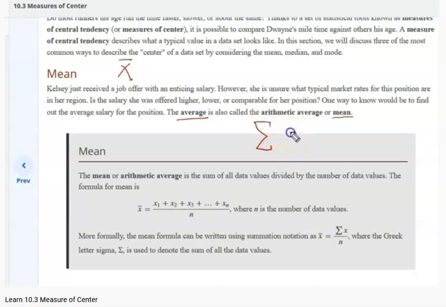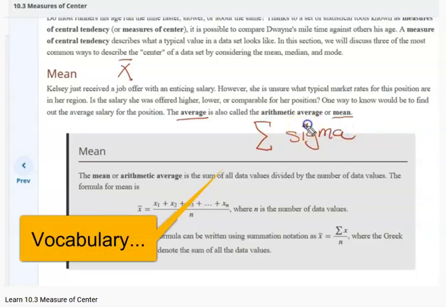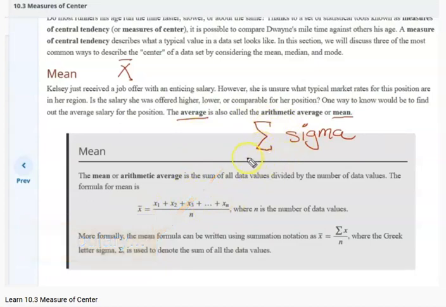We want to write that down. Might be a quiz question. And sigma is the sum of the values of your individual terms. This stands for the sum. And then that is divided by n, which is the number of items in there. This will give you your mean.